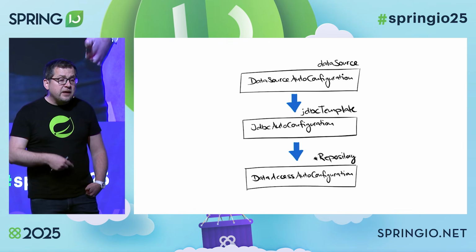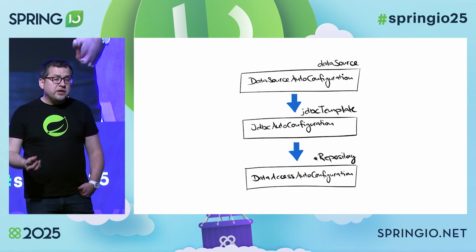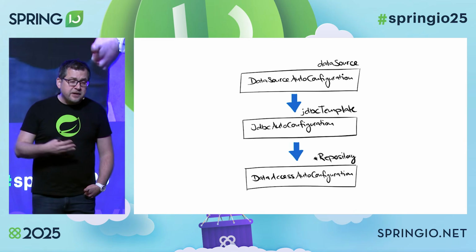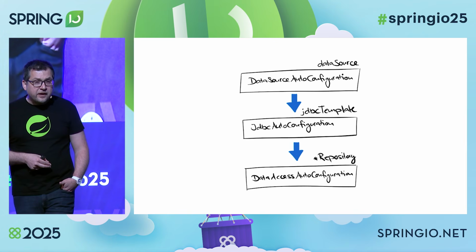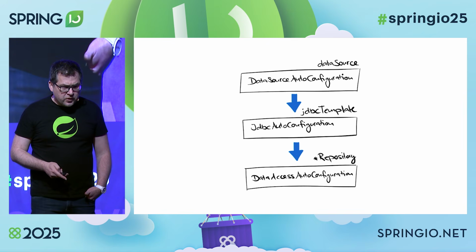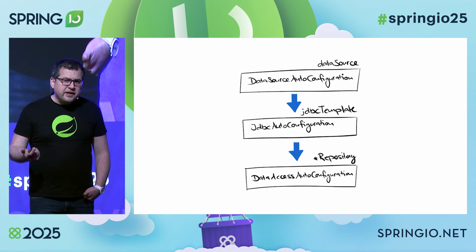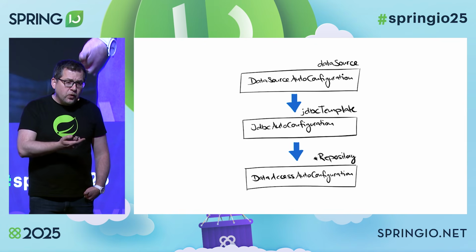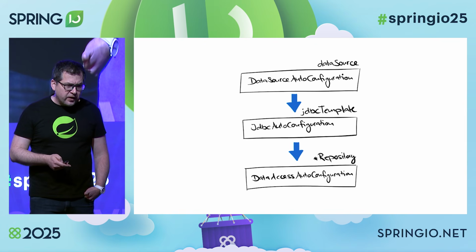If you go a step further, generating Spring Data repositories would of course be the next step. That means we need to have a certain order. You can easily configure that, and that's also what the Spring Boot team is doing for us.